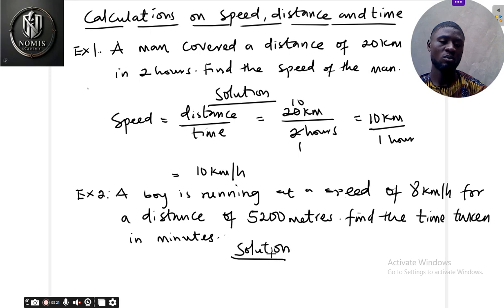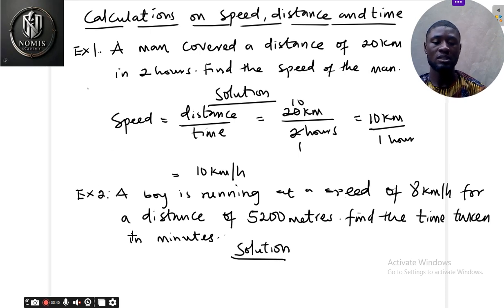First of all, what do you think we should do? Let us convert the 8 km per hour to meter per minute. If we are able to convert 8 km per hour to meter per minute, then we put in the value of the speed, the distance, and we'll find the time.